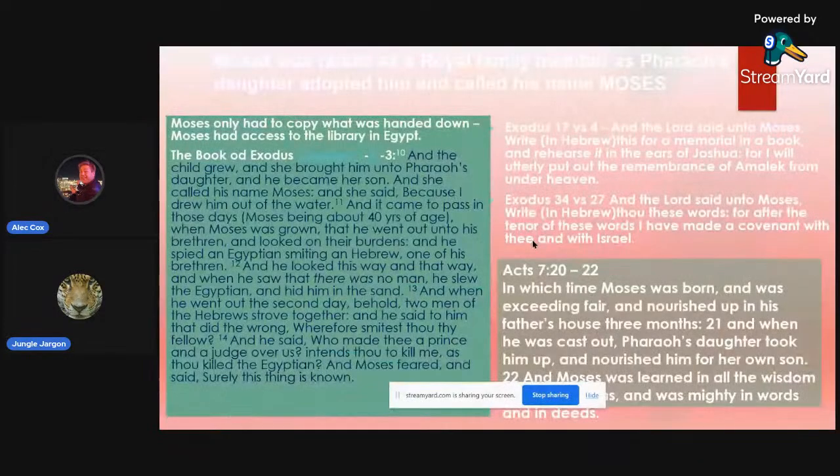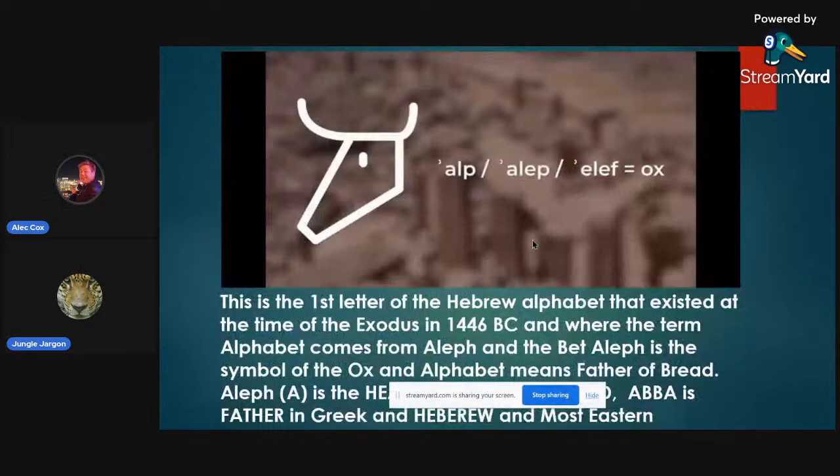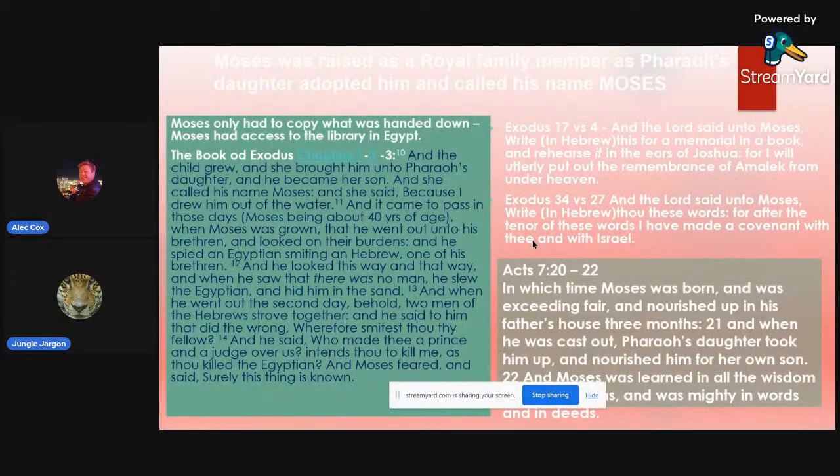And then I did a thing on how the first alphabet was Hebrew, and Moses had to be able to write something based off of his education as an Egyptian, but Egypt also had libraries.